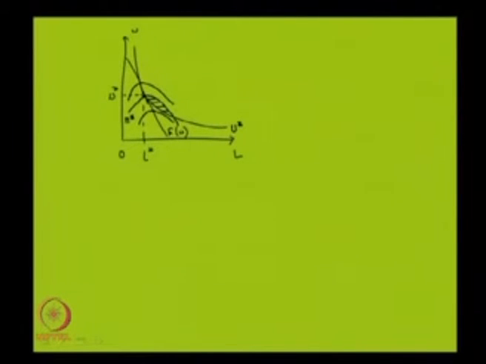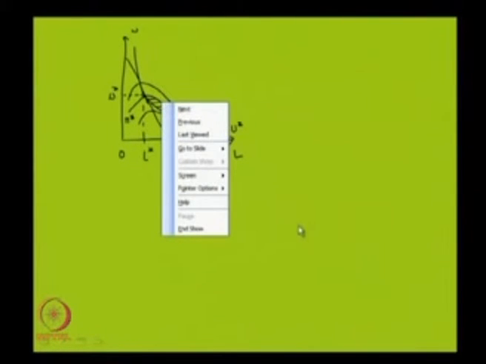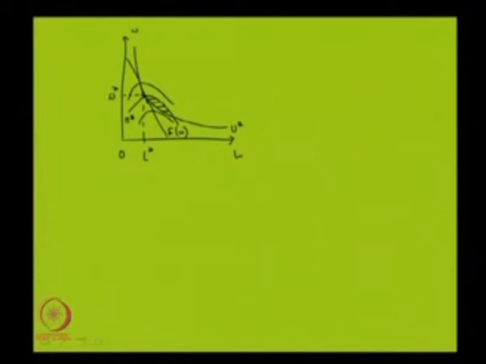If I take any point in this shaded region, let us take this point here. Now, the characteristic of this point is that it is on pi star. So, the profit of the firm is the same as in W star, L star.